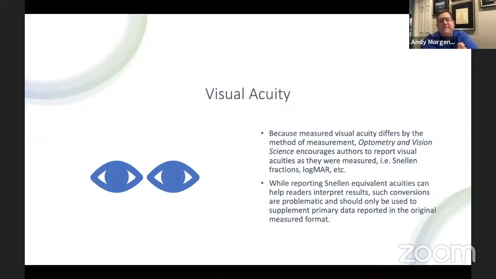In terms of the accuracy and the detail of visual acuity, when you're writing about visual acuity in this journal, because visual acuity is different throughout the world, visual acuity has to be represented as it was measured: Snellen acuity, fraction, logMAR, etc. While reporting Snellen acuities can help readers interpret results, such as conversions, they should only be used to supplement the primary data reported in the original measured format.